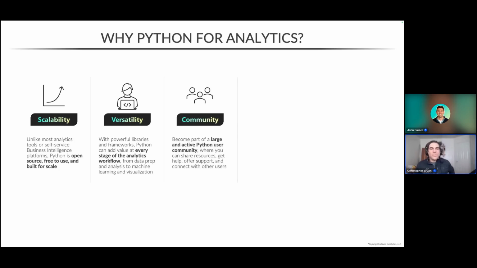And along those same lines, that same community responsible for developing all of this functionality within Python is also an amazing resource. Python is one of the most popular languages, so if you ever get stuck or are trying to figure out how to use a new tool, there are ample resources out there, and forums like Reddit or Stack Overflow where you can get help.